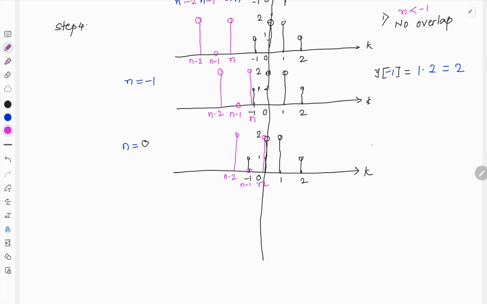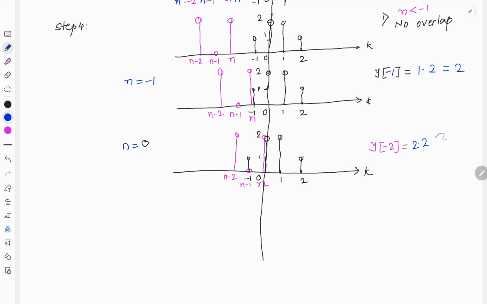So for this case our y of 0 becomes, just multiply and add the overlapping samples. Here we have overlapping samples at origin and both x and h have amplitude equal to 2. So 2 into 2, again we have one more overlapping sample over here at minus 1 and n minus 1.